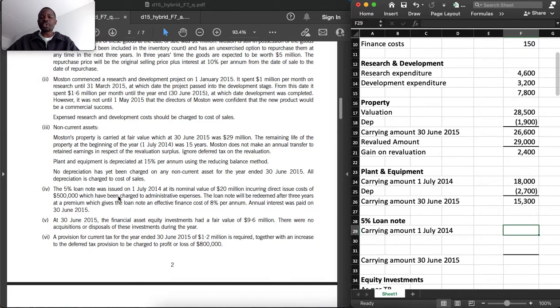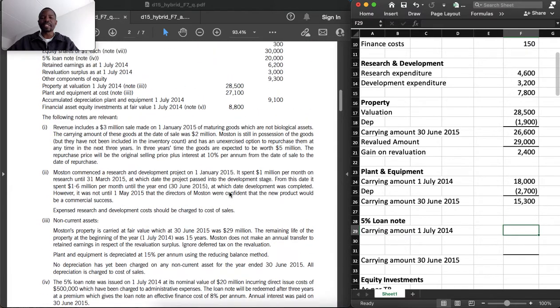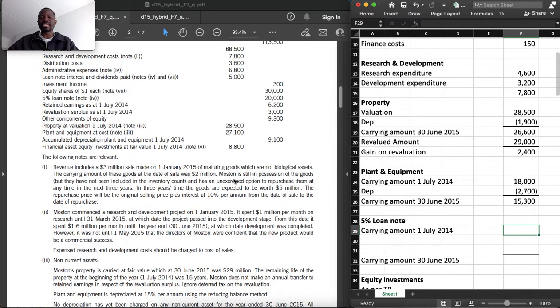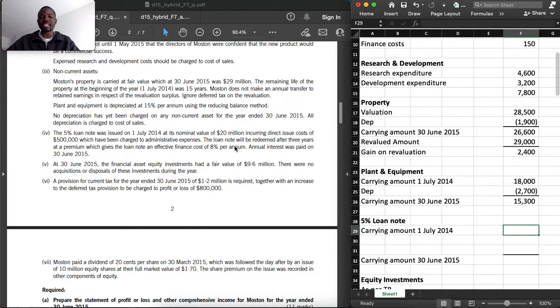The 5% loan note was issued on 1 July 2014, that is the beginning of the year, at its nominal value of 20 million. This is the 20 million that is shown there on the trial balance. Incurring direct issue costs of 500,000, which have been charged to the administration expenses. This is wrong. The issue costs need to be offset against the proceeds of the loan.